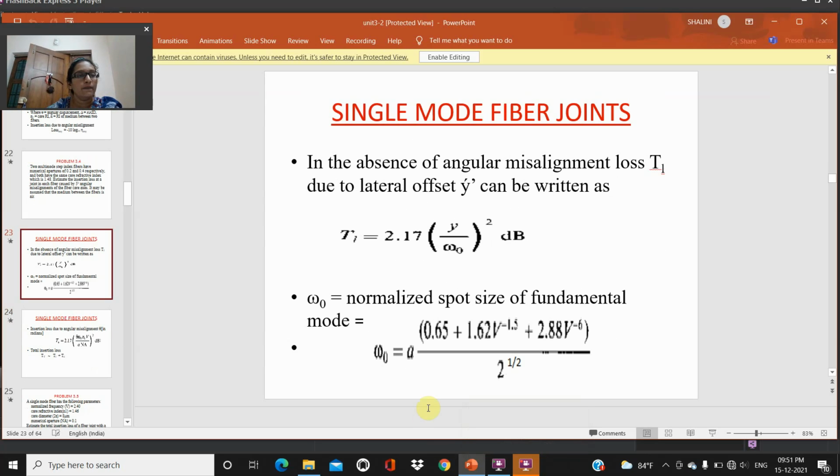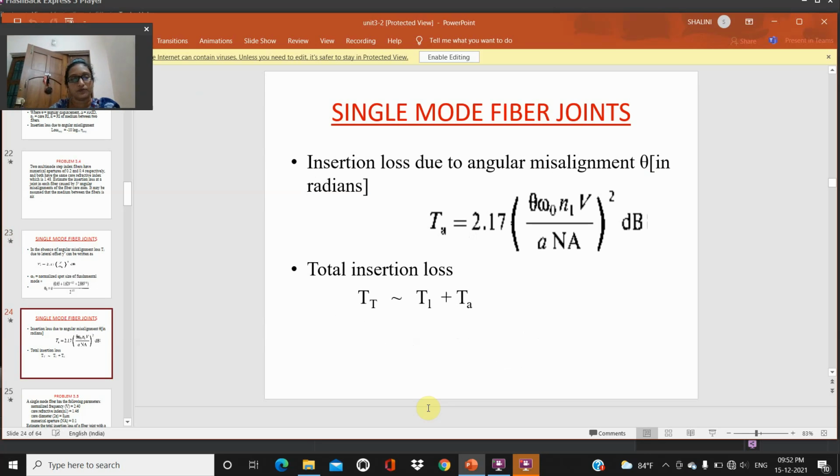Omega naught is the normalized spot size of the fundamental mode, that is, omega naught equal to a into (0.65 + 1.62 V^-1.5 + 2.88 V^-6) divided by the square root of 2.